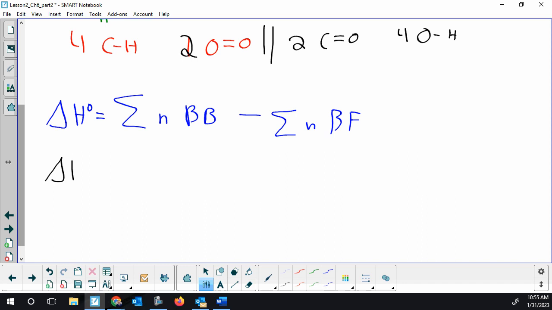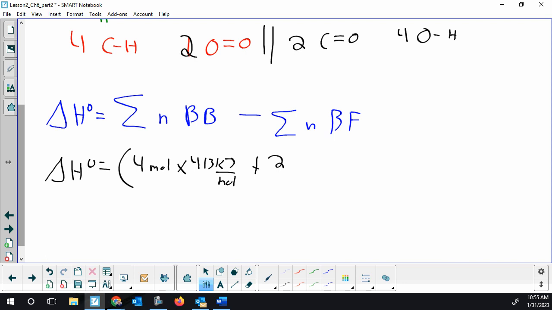So our change in enthalpy, we're going to do the bonds broken. So there are 4 moles, and I'm going to look up CH. This is 413 kilojoules per mole. Everything is going to be positive. We're looking up bond energies, energies to form those bonds. Now we're on to our oxygen.